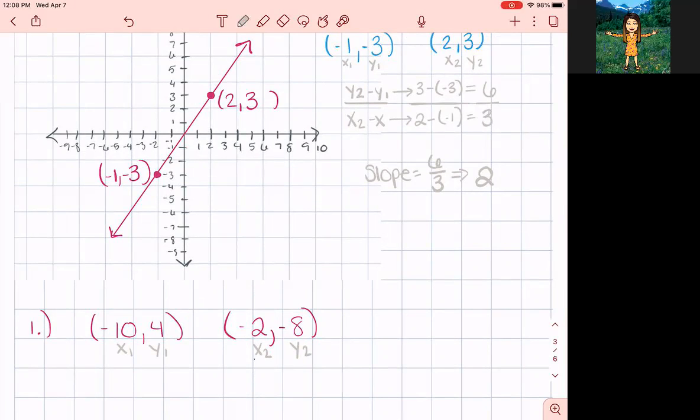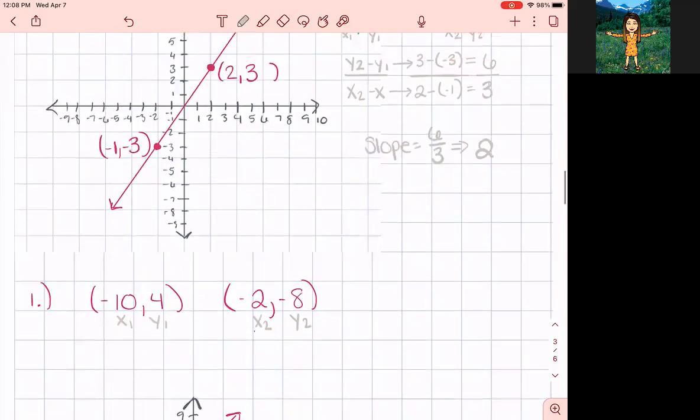Step 3, set up a fraction. So we're going to set up y2 minus y1 over x2 minus x1. Now we're going to pull. Here's what my y2 is. There's my y1.